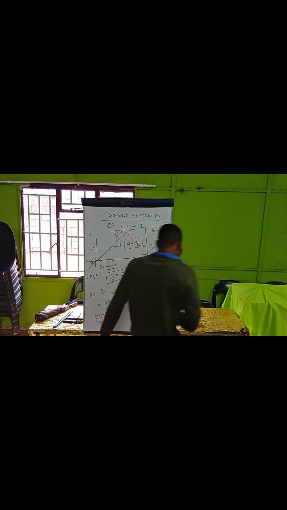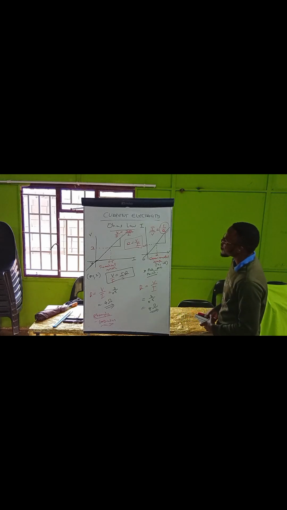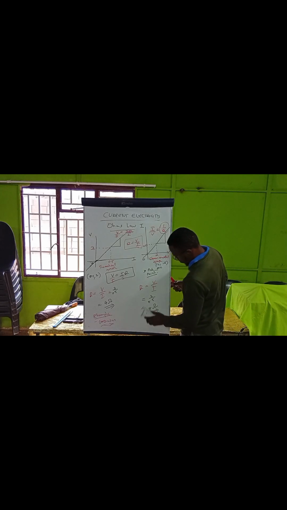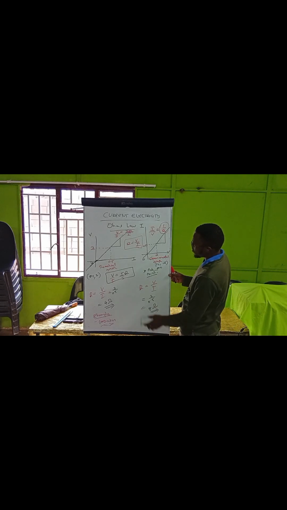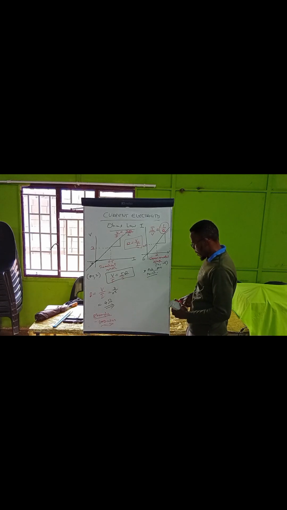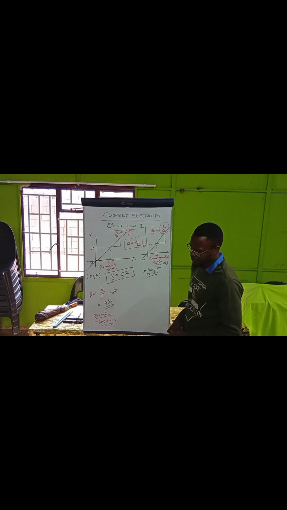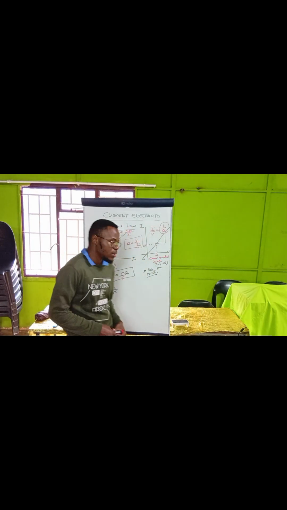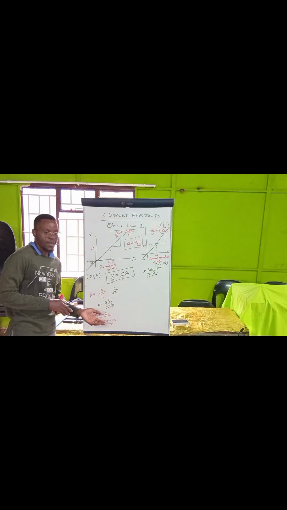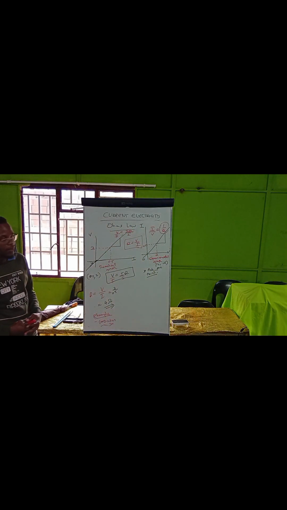So mainly this is where we park it when it comes to current electricity. I think our next lesson should be a continuation, where we shall look at series circuit versus parallel circuit.